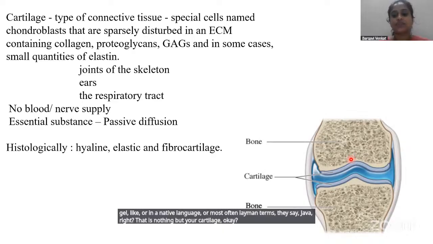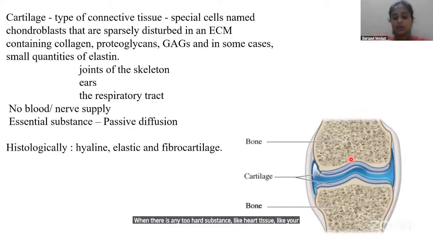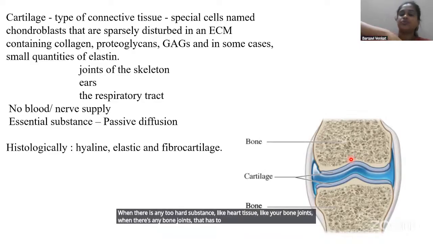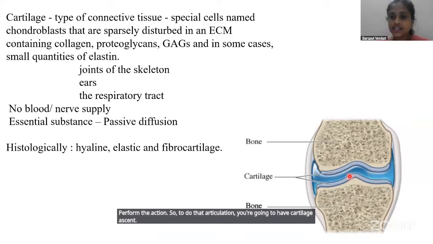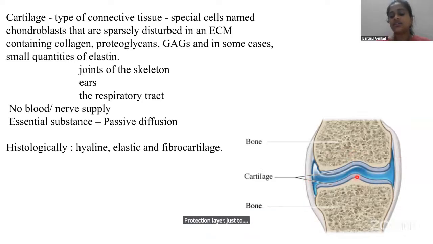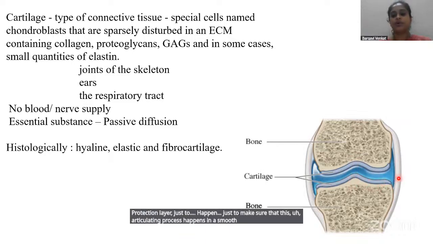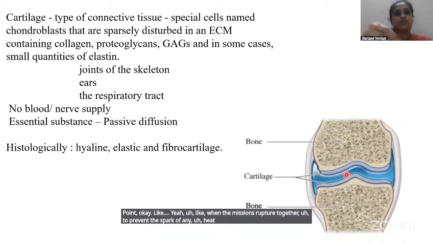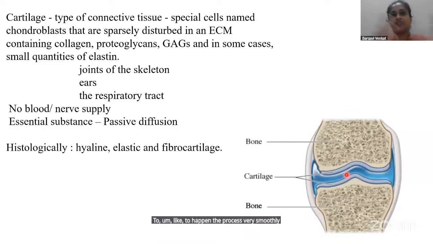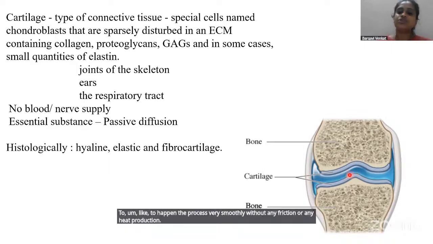So when there are two hard tissues, like bone joints, that have to articulate to perform an action, you have cartilage as a protection layer to make sure the articulation happens in a smooth, gliding manner. Like when machines rub together, to prevent sparks or heat, we pour some oil so the process happens smoothly without friction or heat production. Likewise, you have cartilages.